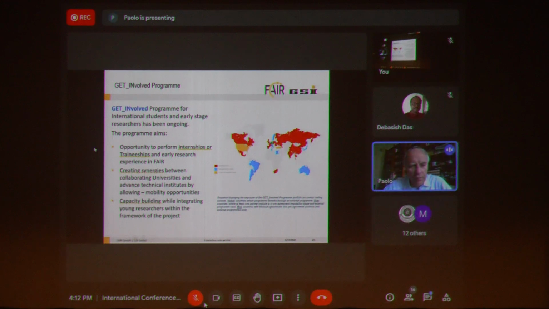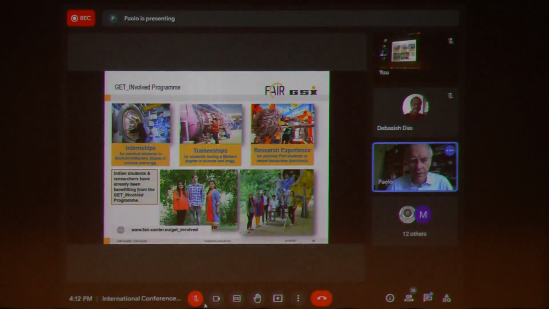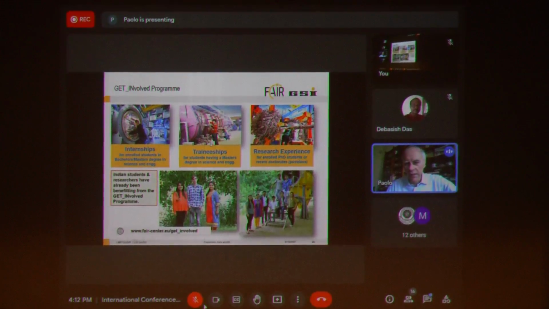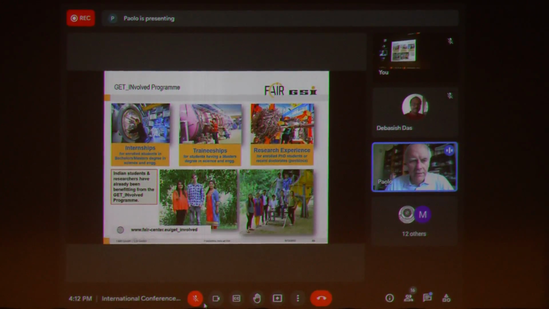In particular, there is a program, led by Etienne Roche, called Get Involved, that creates opportunities and also finds resources to allow interns to come and train at FAIR, and which has many aspects of internship, partnership, research experience, and very many young students, young postdocs, and young researchers have already come and continue to come to the lab.